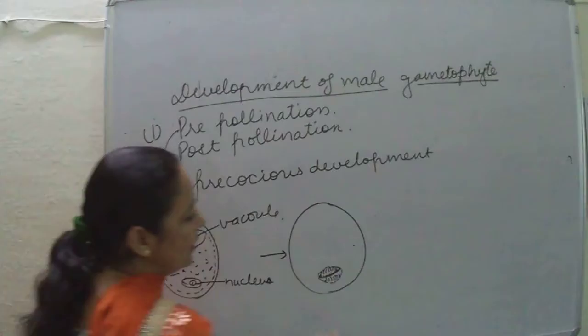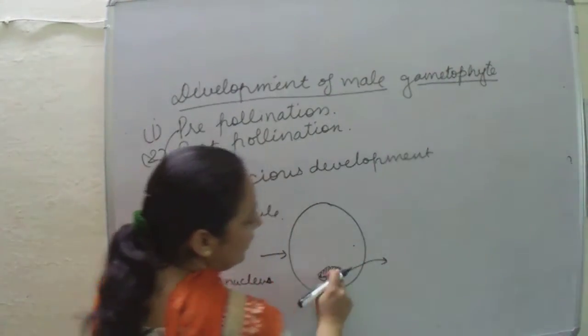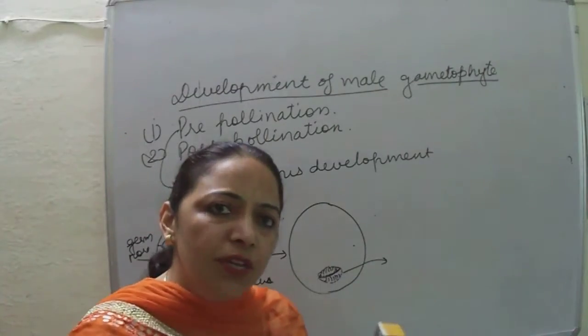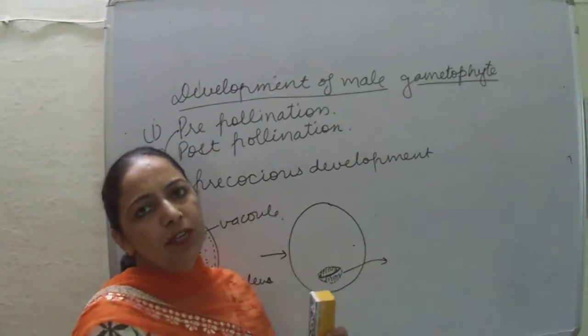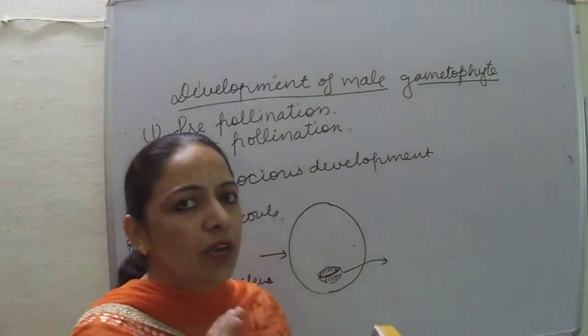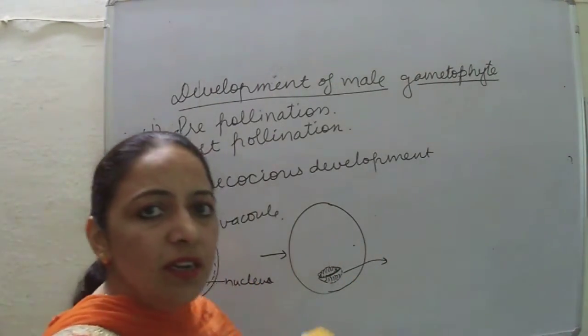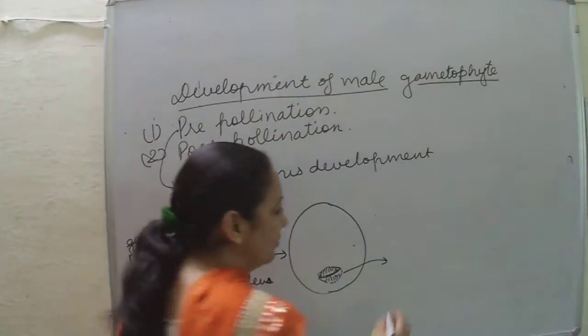In the next stage, they move far apart from each other, but with some cytoplasmic connections called calories.